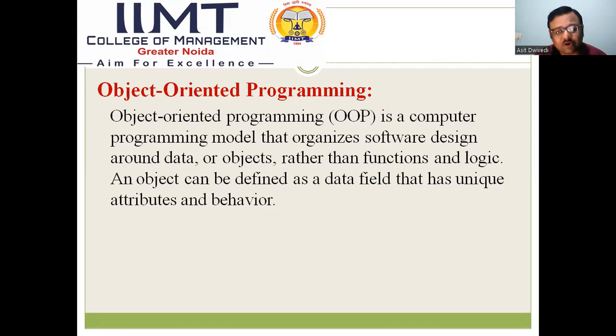What is object-oriented programming? Object-oriented programming, in short, this is also called OOP, is a computer programming model that organizes software design around data or objects rather than functions and logic. An object can be defined as a data field that has unique attributes and behavior.